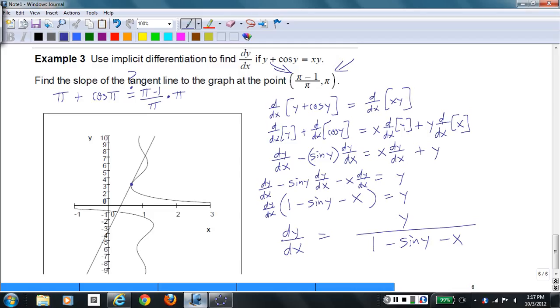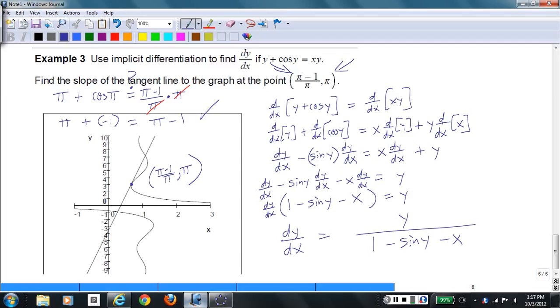What's cosine of pi? -1. So pi plus -1. I'm thinking so. This equals pi minus 1. So yes, all I'm doing is confirming that sure enough, the point (pi minus 1 over pi, pi) is actually a point on the graph.